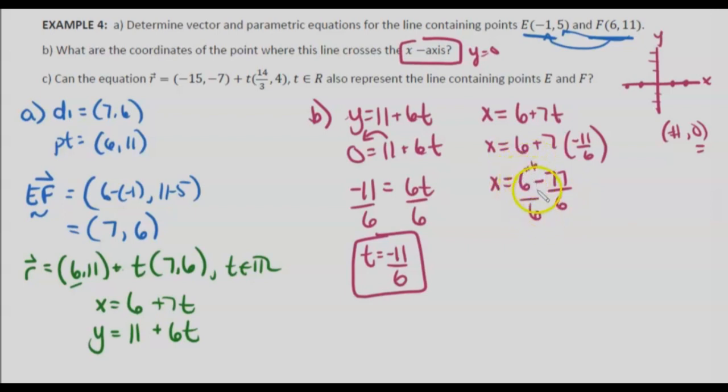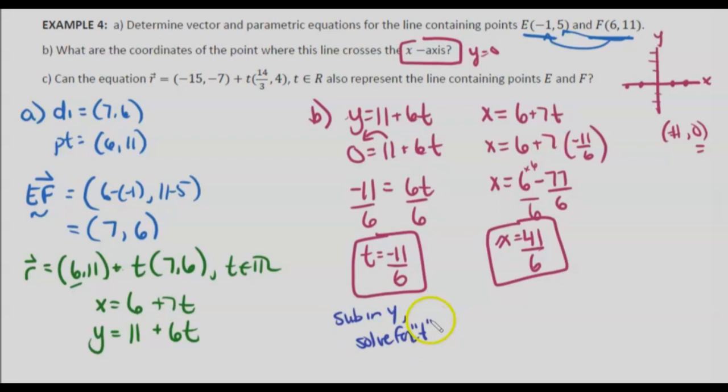So 36 minus 77 is going to give us the x value of negative 41 over 6. So what we did is sub in y, solve for t, and then sub in t, solve for x.